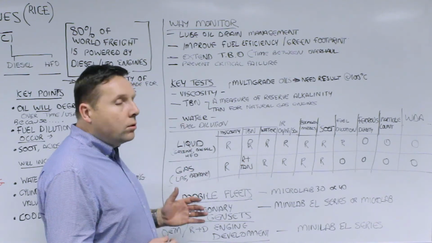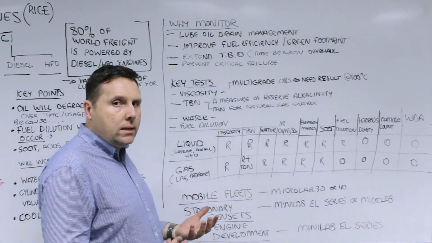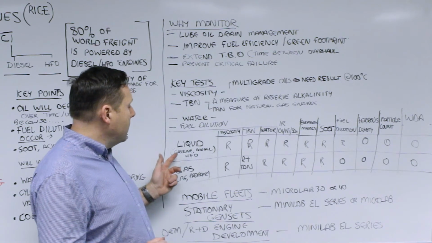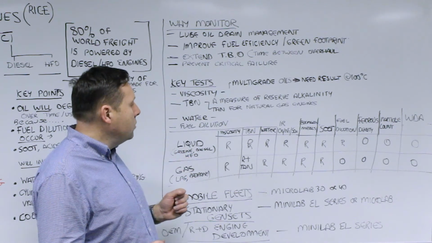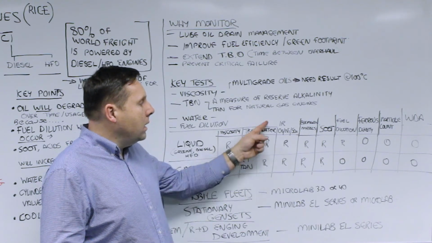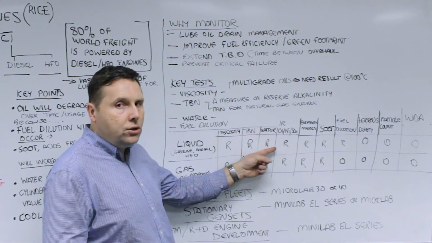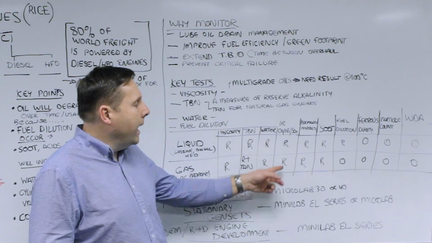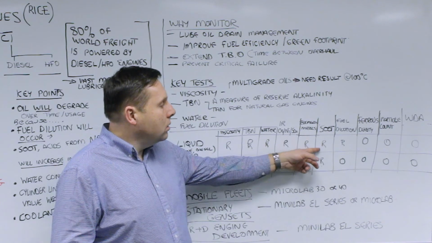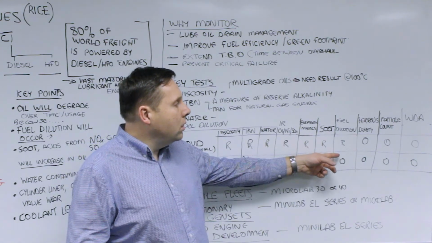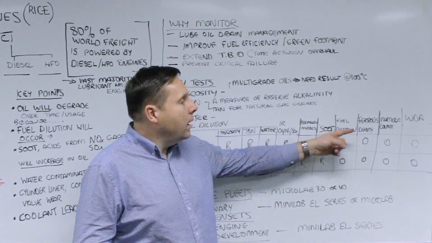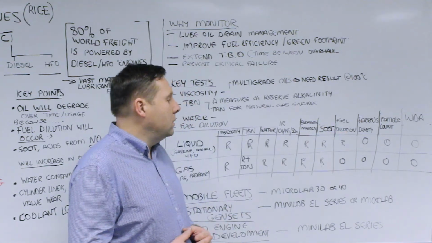So if we summarize, what are the tests that you should be doing on site for various systems? For liquid fueled engines, that's gasoline, diesel, heavy fuel engines, you want to be running viscosity, base number, water content, infrared, oxidation, nitration, sulfation to look at the contaminants getting into the engine, elemental wear metals and additives and contaminants, soot content, fuel dilution, do a ferrous density for a screen, particle count is optional, and wear debris analysis is optional as well.